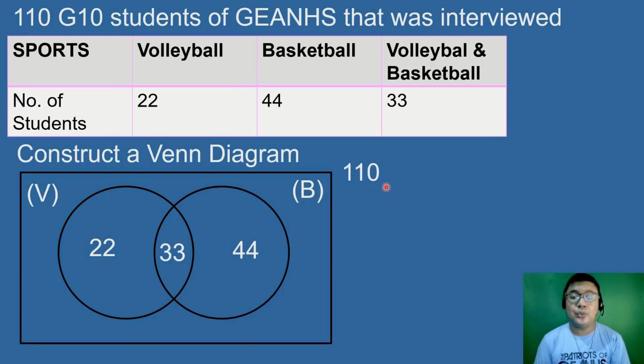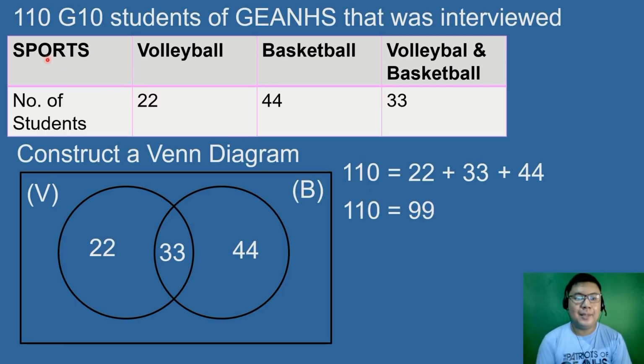And then after that, we will check if the number of students is equal to the 110 already given. With that, we will add these numbers. We will add 22 plus 33 plus 44, which is equal to 99. So it is not yet equal to 110 because there are 110 G10 students.